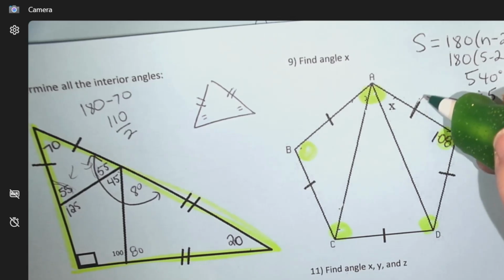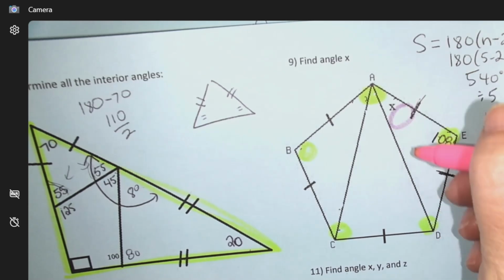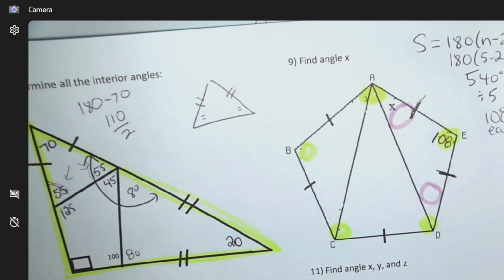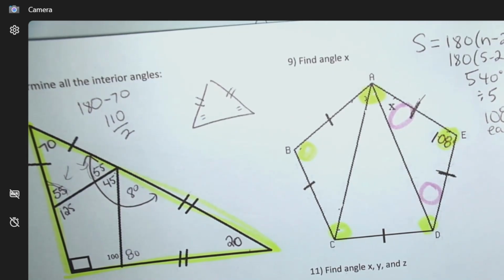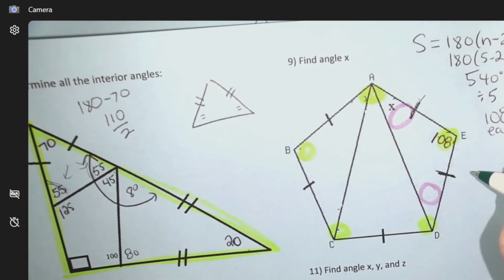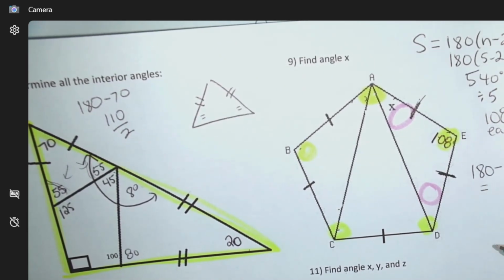Then, if this side and this side are the same, I can conclude that those angles have to be the same number because the sides are the same number. Okay? So what are you going to do? 180 minus 108, and then cut that in half to split them up, right?